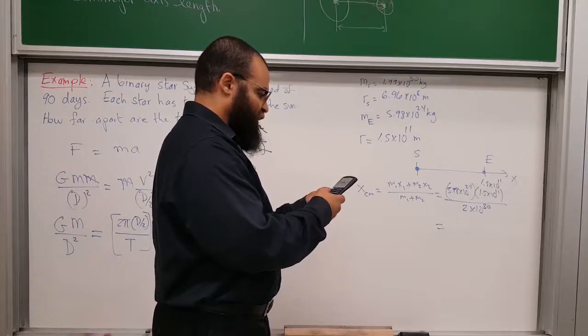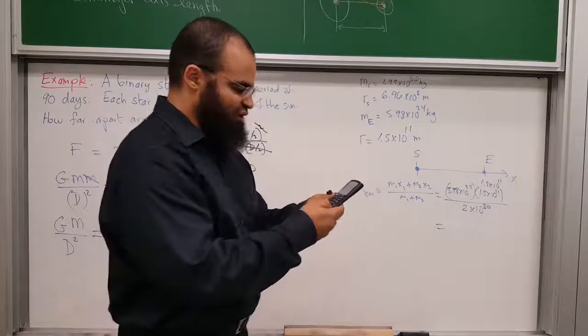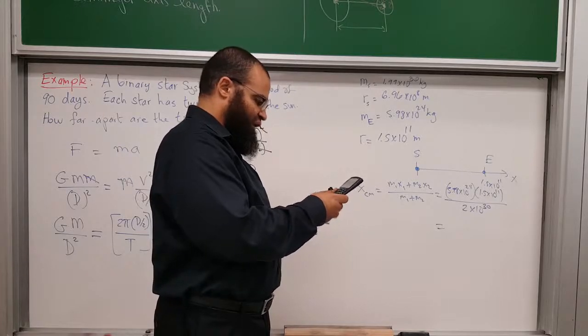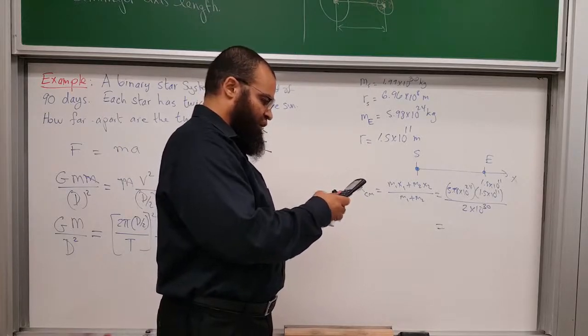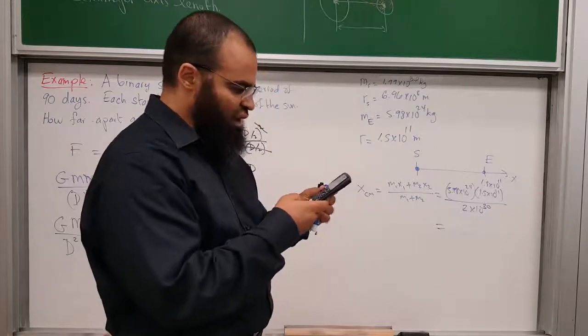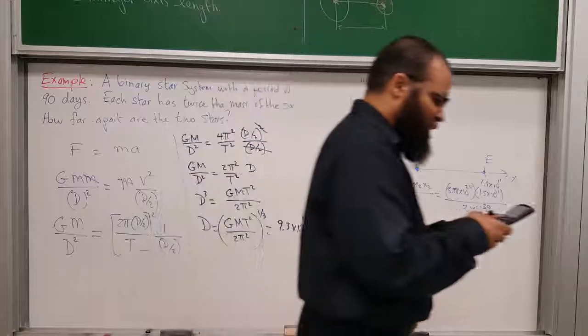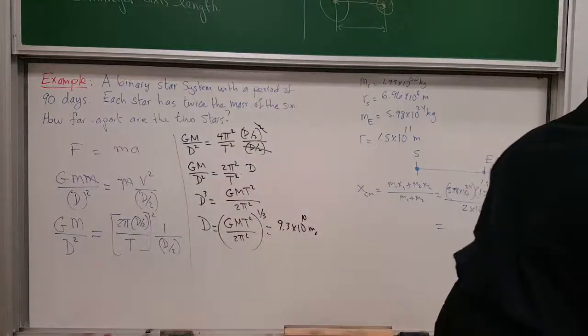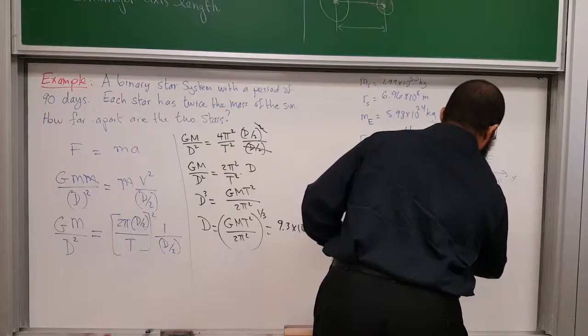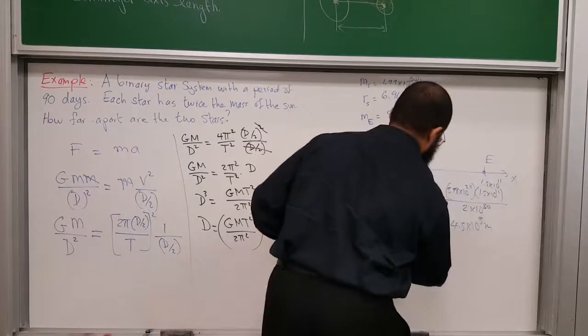See, we're dealing with very large numbers. That's why people use the phrase astronomical. Everything is large. That happens to be 4.5 times 10 to the 5th meters for x center of mass.